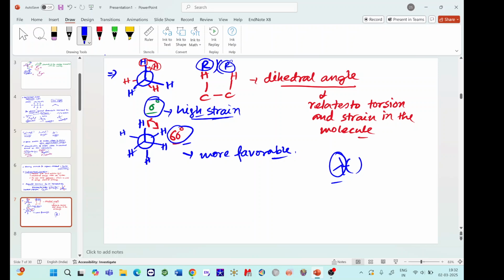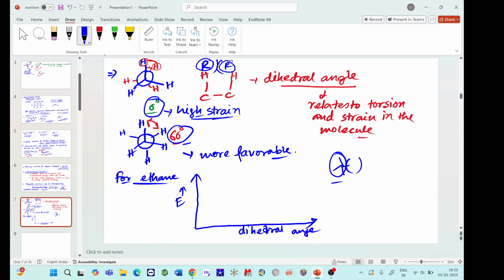Just for ethane, if you try to correlate the energy of the system, suppose this is my energy axis, which is y, and on the x-axis I have the dihedral angle.